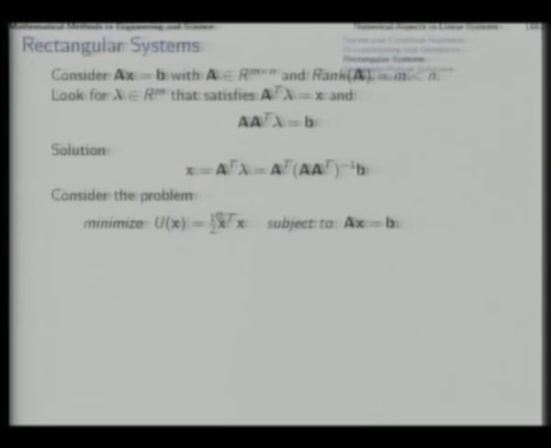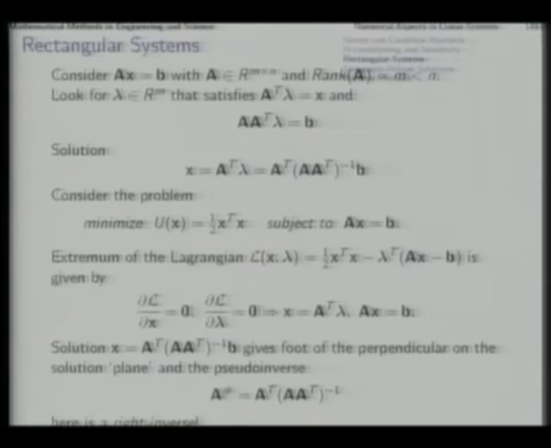If you try to formulate this constrained optimization problem, one possible formulation is to find the extremum of the Lagrangian, that is this objective function minus lambda transpose (A x minus b), and the extremum of this Lagrangian is found at that point x and lambda, where the derivative with respect to x and the derivative with respect to lambda, the corresponding gradients, are both 0.